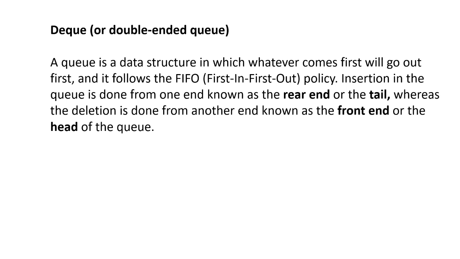But in a deque, insertion and deletion can take place from both ends. It means that we can remove or add any element at the beginning or at the end.